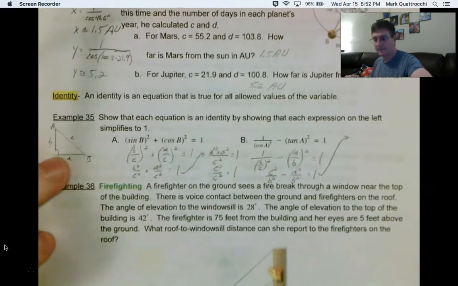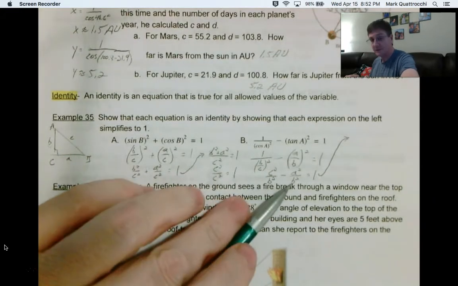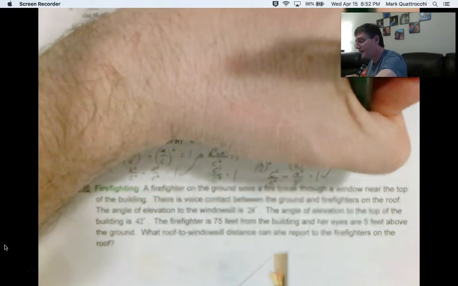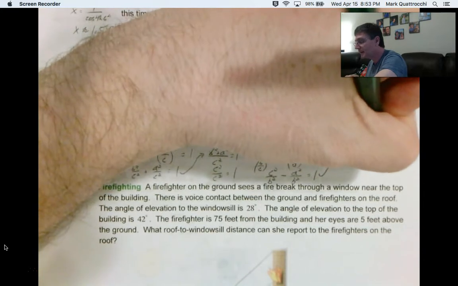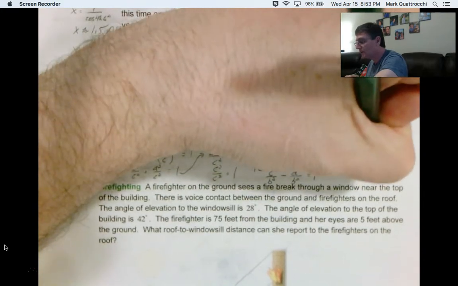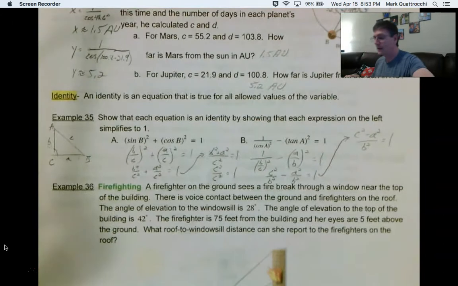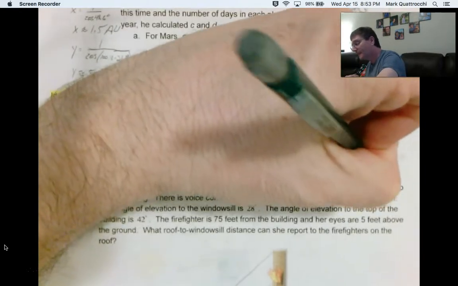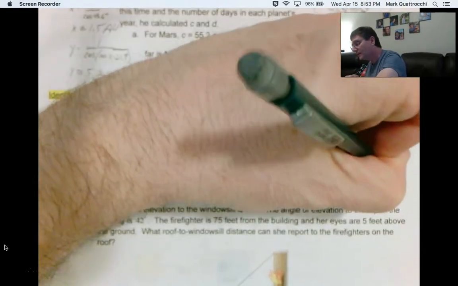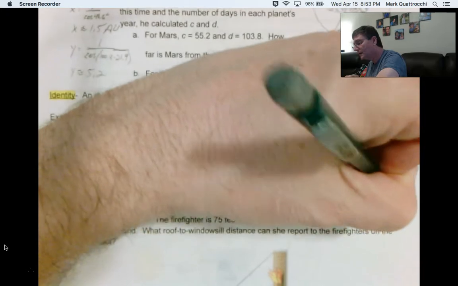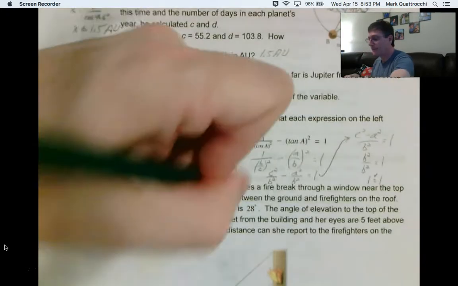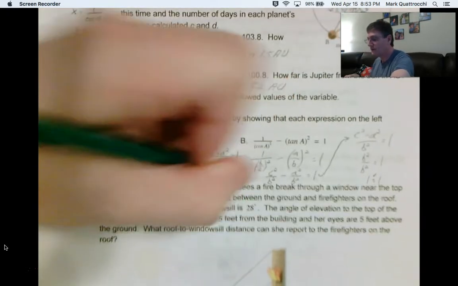Continue this up here. Common denominator of b squared, c squared minus a squared over b squared equals 1. Pythagorean theorem: c squared minus a squared is equal to b squared. B squared over b squared equals 1. 1 equals 1, check.